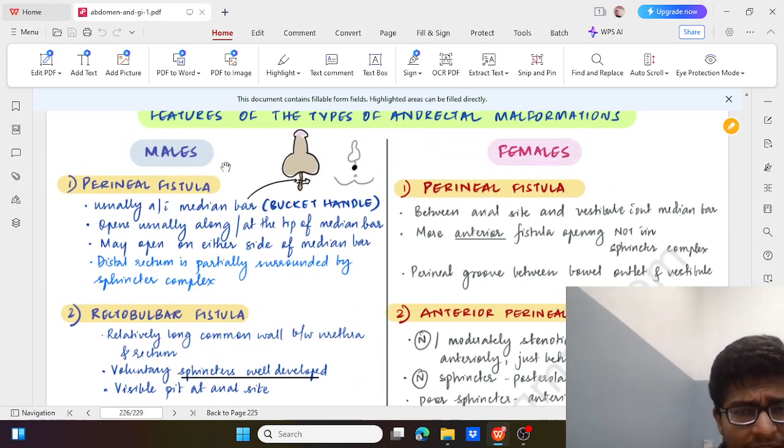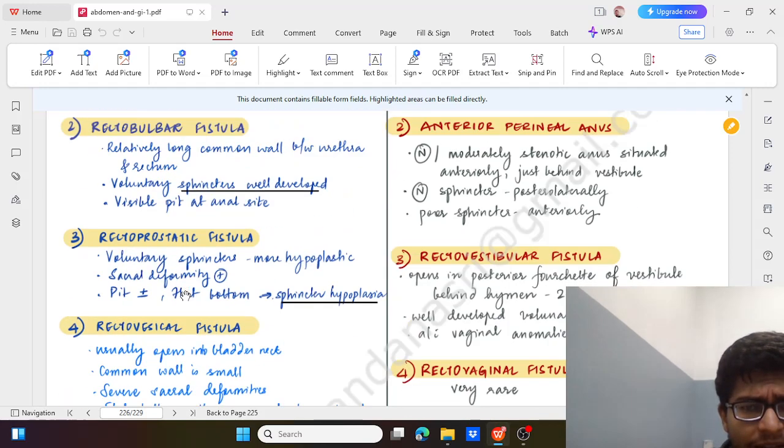In males or females, the perineal fistula is usually associated with the median bar, that is the bucket handle, and it opens along the tip of the median bar, and it may open on either side of the median bar. The distal rectum is partially surrounded by the sphincter complex.